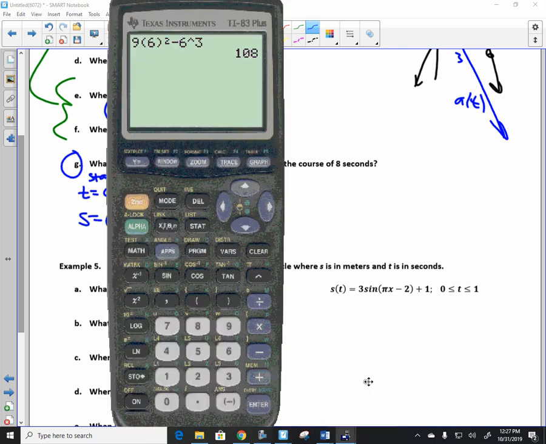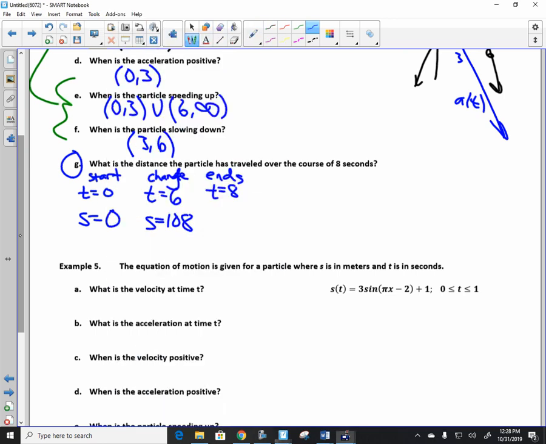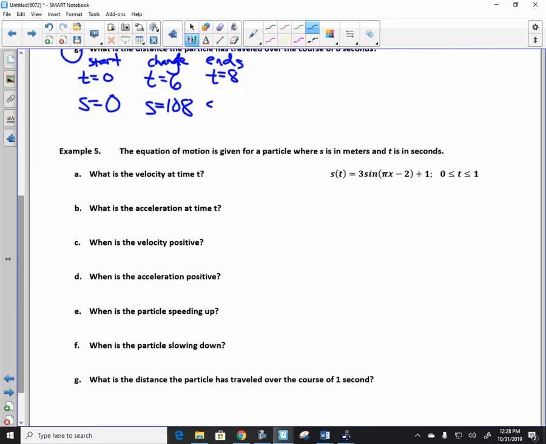After that, I go ahead and I change the 6 to 8. And I get 64. So if I draw a picture of the motion, I start at 0, I go over to 108, and I go back to 64.